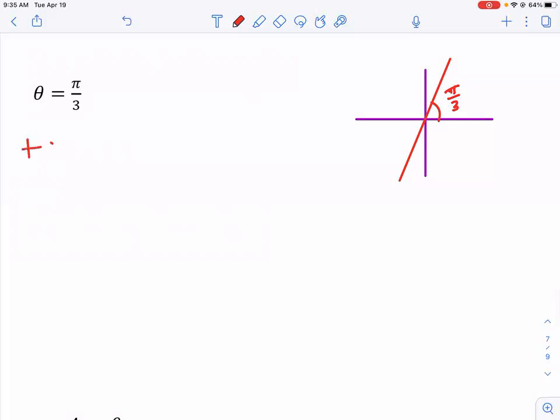Could I say that the tangent of theta equals the tangent of pi over 3? Could I do that? Is that allowed? Yeah. If I do something to one side, I do it to the other side, we're fine. Well, what's the tangent of theta the same as? Same as y over x. Okay. And what's the tangent of pi over 3?